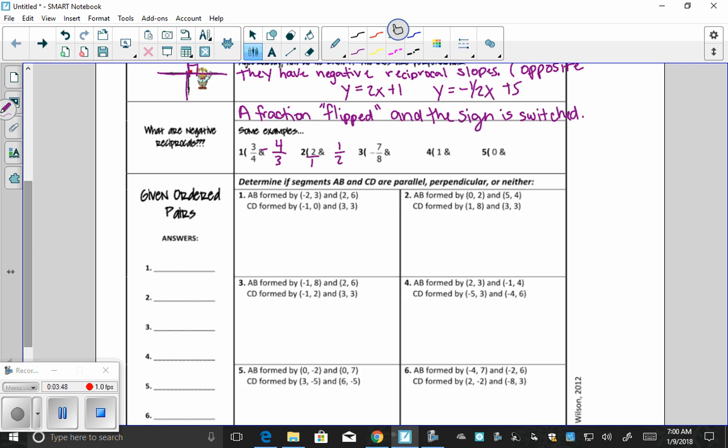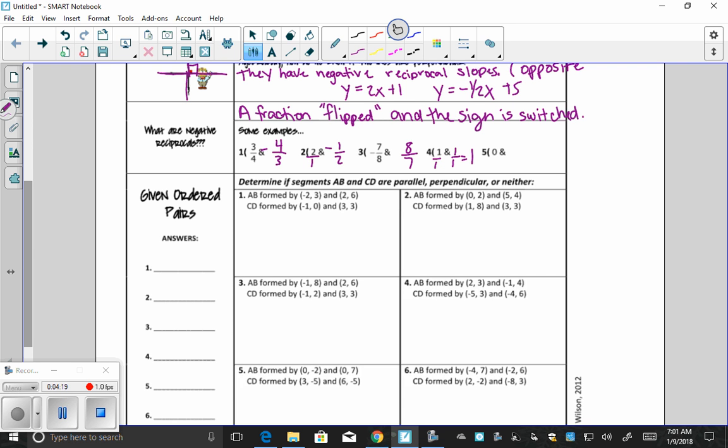It's already positive, so change it to negative. Number 3, negative 7/8. Flip the fraction, so now it becomes 8/7. It's already negative, so now it becomes positive. Number 4, if you want to, put it under a fraction. You don't have to because 1/1 flipped, it's still going to be 1/1. Or if you just want to write 1, that's okay.